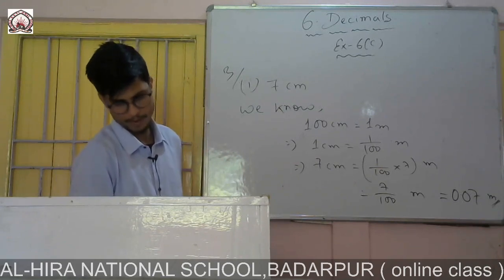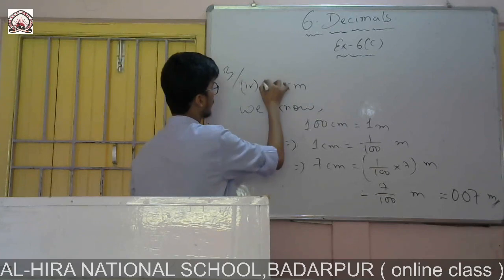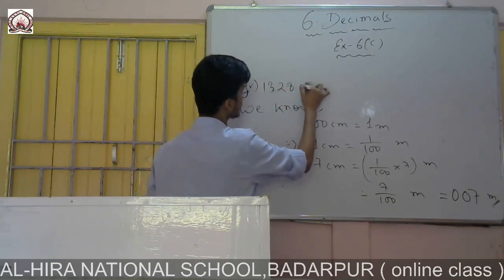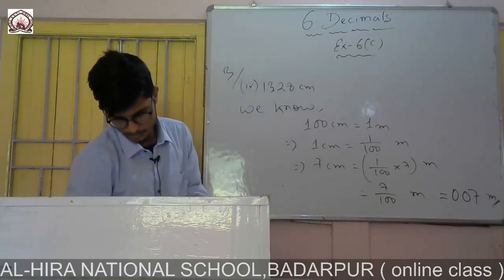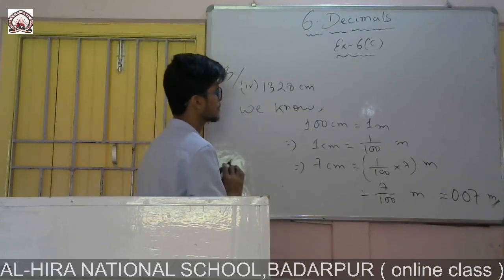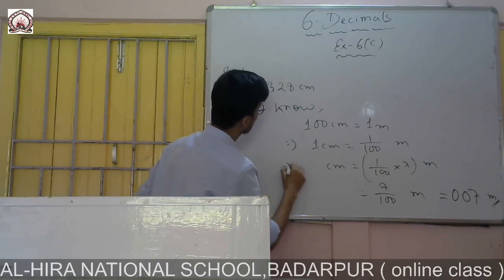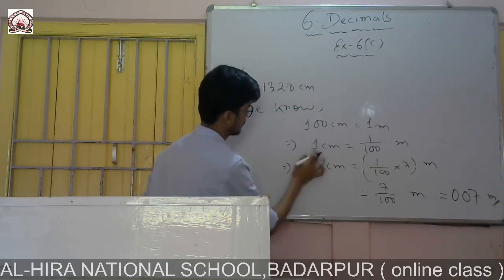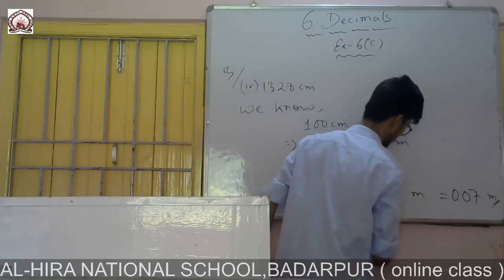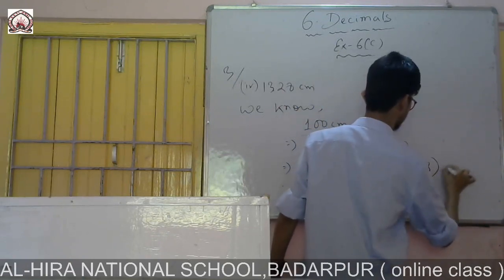It is 1328 centimeter. I have to convert this into meter. It will be the same, but here in place of 1 I write 1328 centimeter, and I multiply it by 1328.